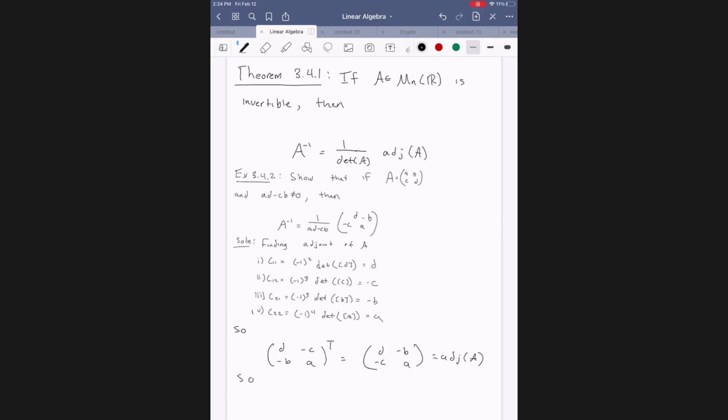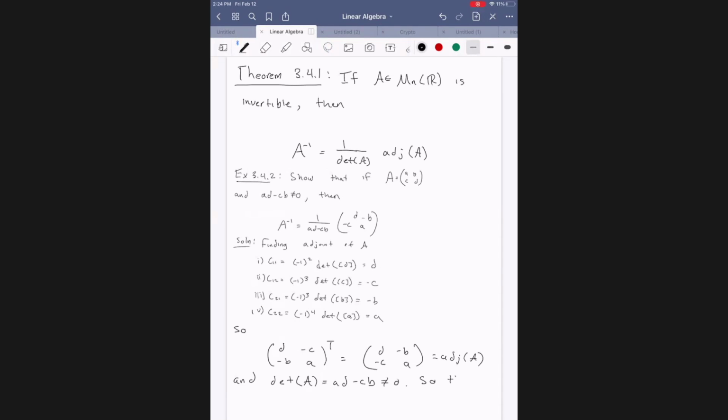And the determinant of A is equal to A times D minus C times B, right? And we know that this is not 0 by our assumption.